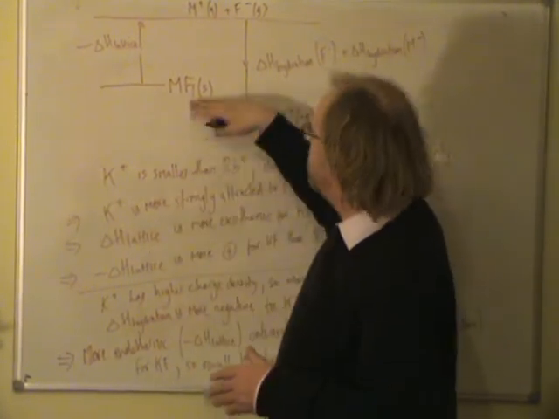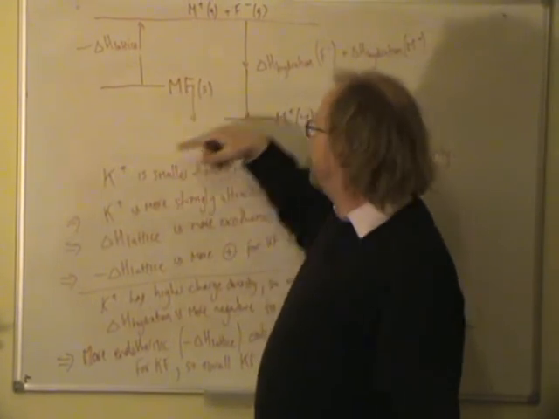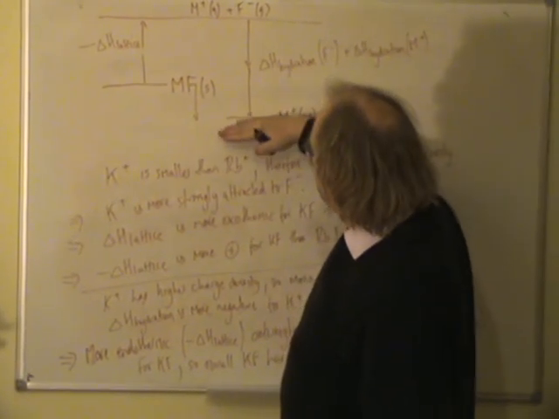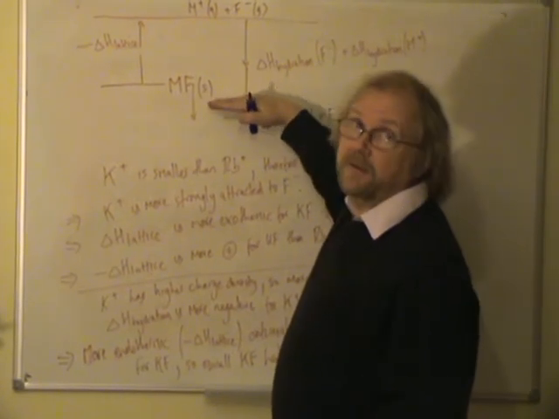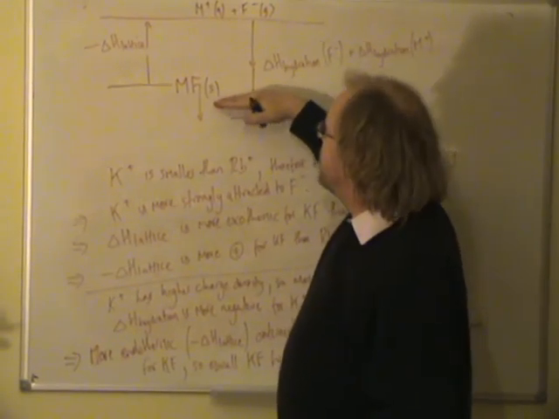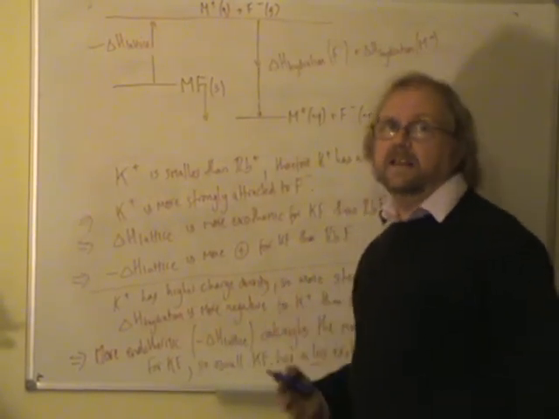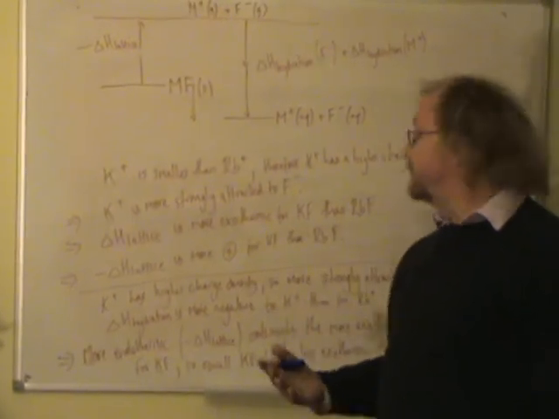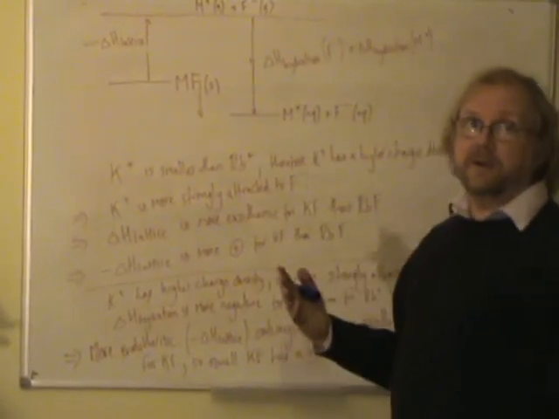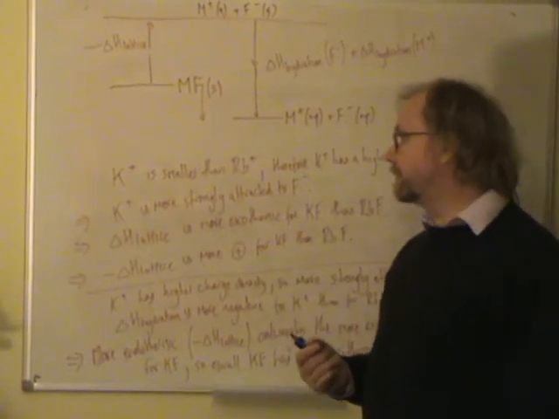And where the overall balance comes in depends on which of those terms is more important. And the fact that overall we end up higher up with a less negative overall change for potassium fluoride tells you that this term predominates over that one. And you just need to take a little bit of time to convince yourself that that's true and see if you can get to the point where you think, if I had a problem like that, I could analyse it at that sort of level.